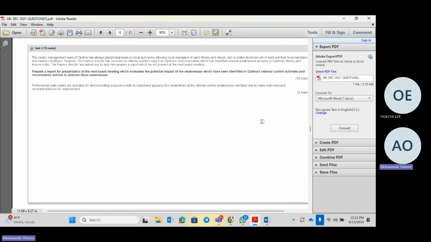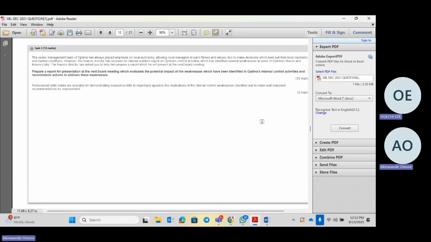So let's look at task 4. Task 4 is saying that the zone management of Optima has always placed emphasis on local autonomy, allowing local managers at each fitness and leisure club to make decisions which best suit their local members and market conditions.